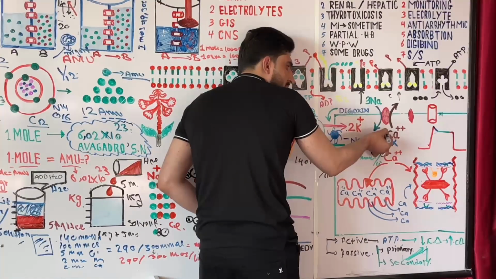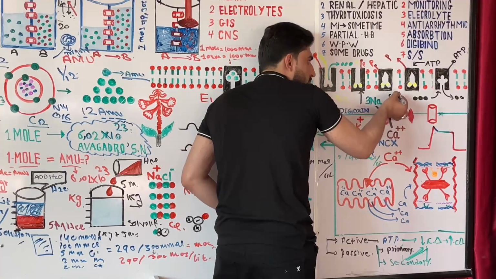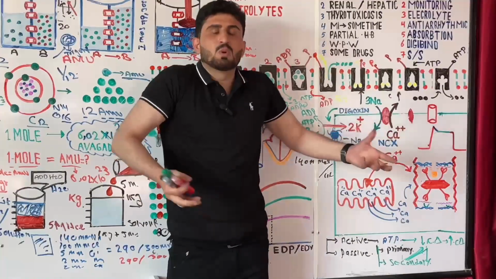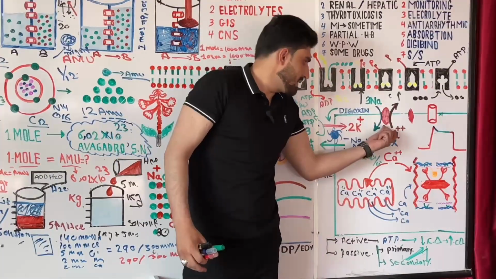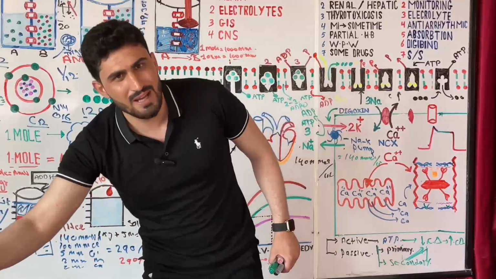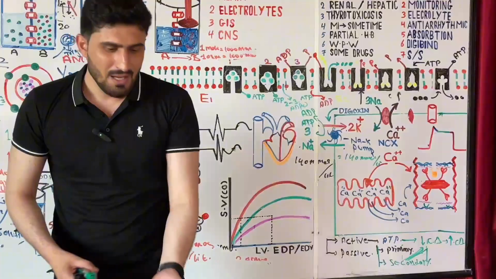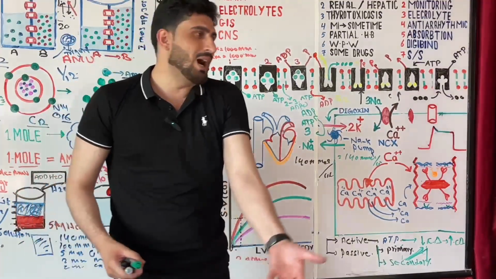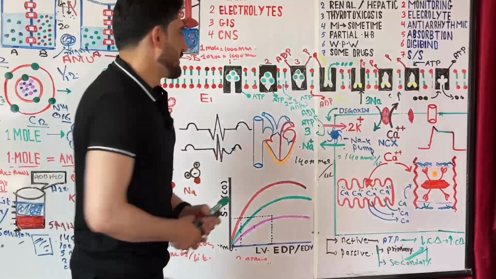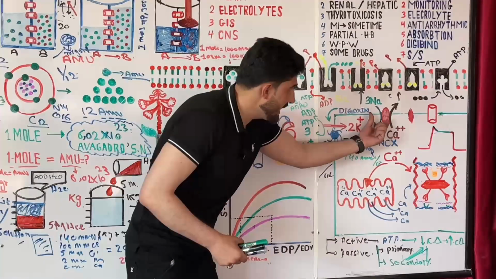So this calcium is moved by this pump from low to high concentration. Why? Because sodium is more outside of the cell. Sodium says to this calcium, my brother, I'm going inside of the cell, and I will bring you outside of the cell by my power. So this type of pump is called secondary active transportation.